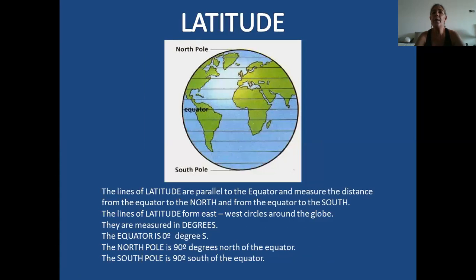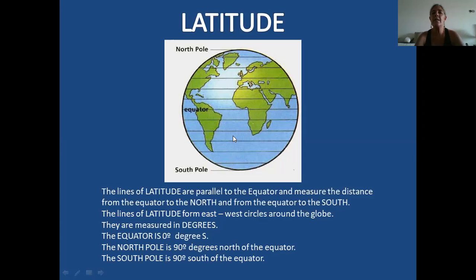We are also going to be using imaginary lines, and the first one is the latitude. The lines of latitude are parallel to the equator. Here we have the equator, and you can see these different lines. I'm going north over here, and they measure the distance from the equator to the north, or from the equator to the south.